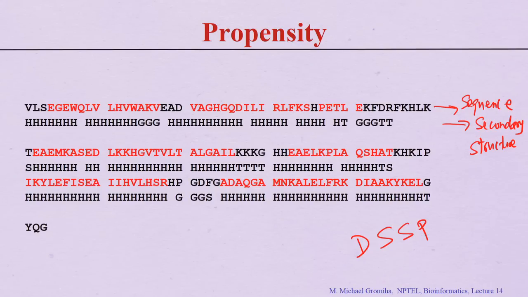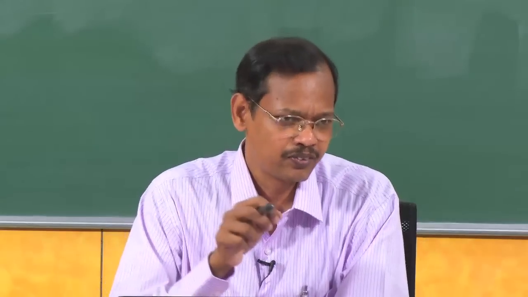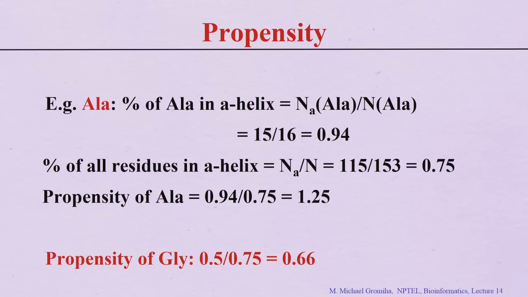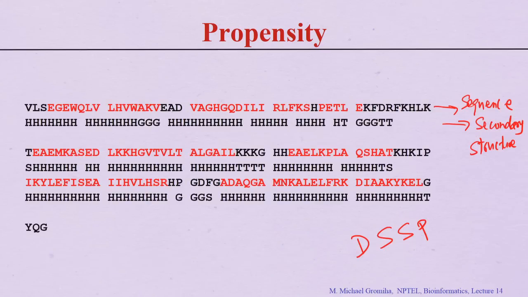Now, if you want to see the propensity, for example, if you take this protein, what is the propensity of alanine to be in alpha helix? How to calculate? This is the number of alanines in alpha helix divided by the number of alanines. How many alanines are here?